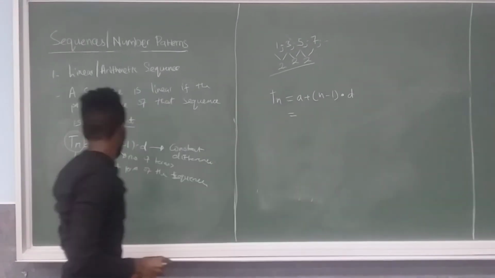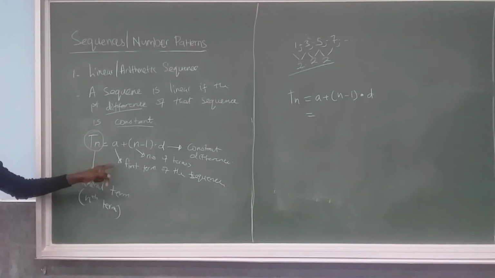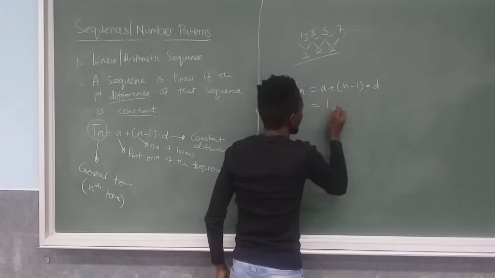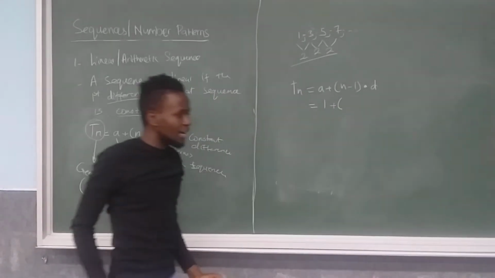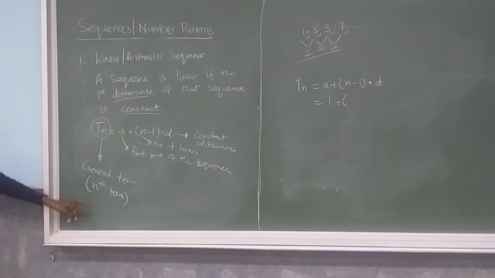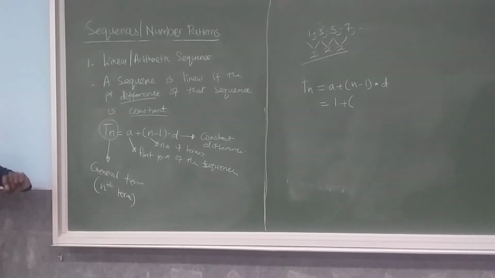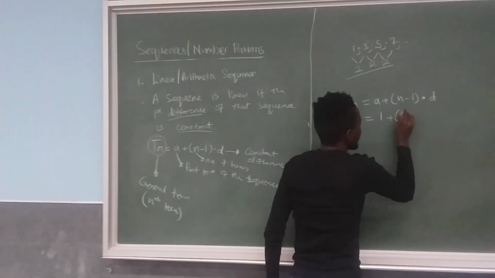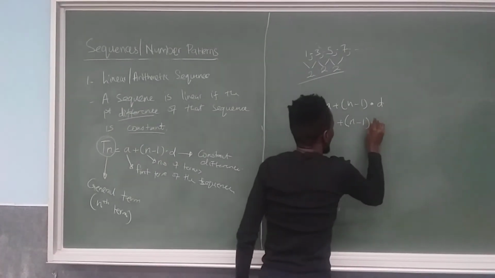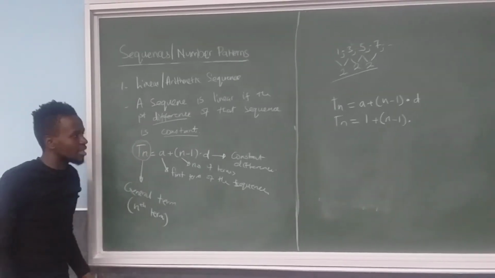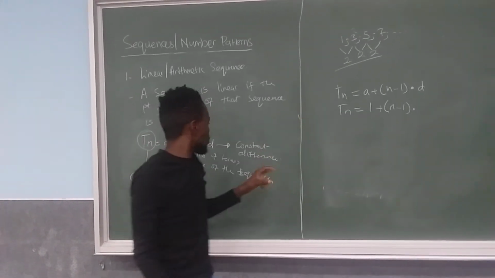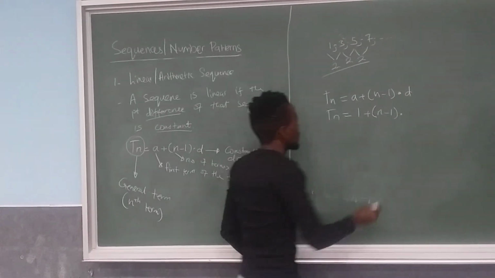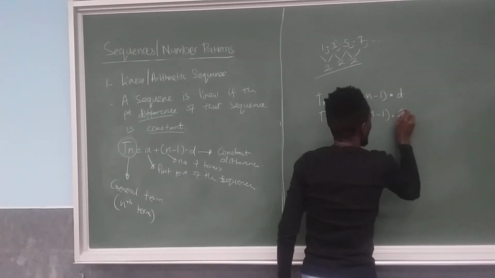I have told you that A is the first term of the sequence. What is the first term of our sequence? It is 1. And then our n doesn't change because we are calculating the nth term. So we have n minus 1. What is our d? Our d is the constant difference that we found in our first difference, which is 2.